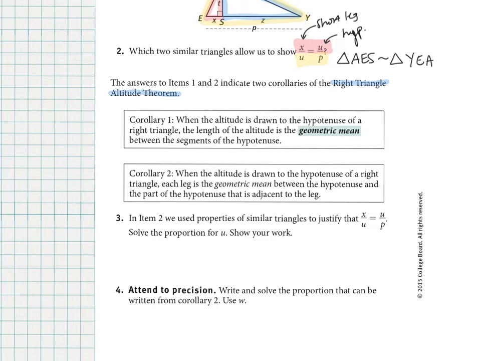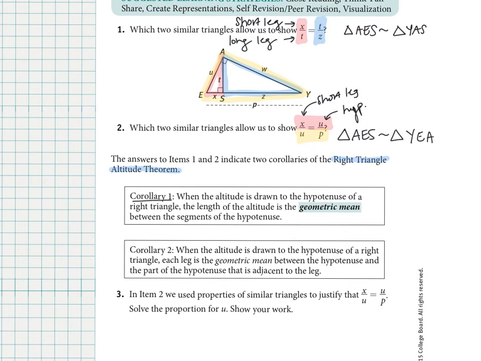So let's take a look at corollary number 1 first. It says for corollary number 1, when the altitude is drawn to the hypotenuse of a right triangle. So going back up here, we're saying when our altitude is drawn to the hypotenuse of a right triangle, got it, we know the length of the altitude is the geometric mean.